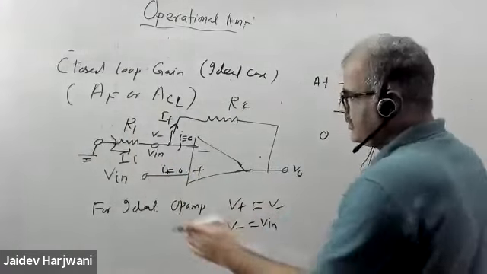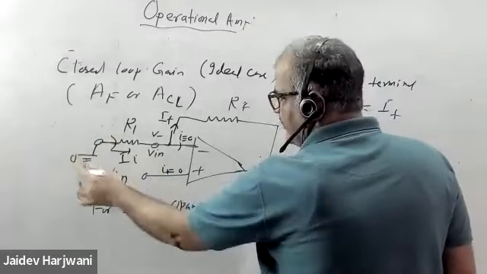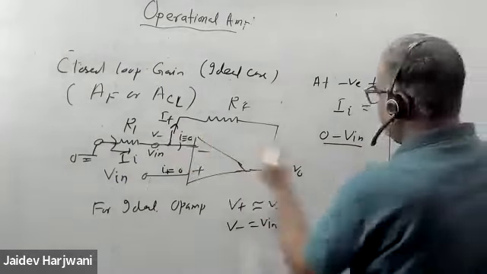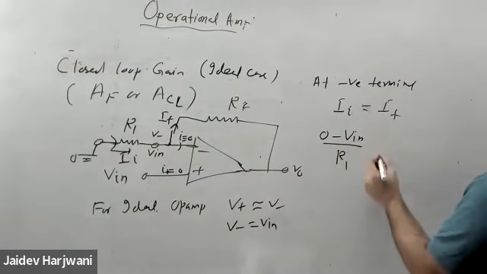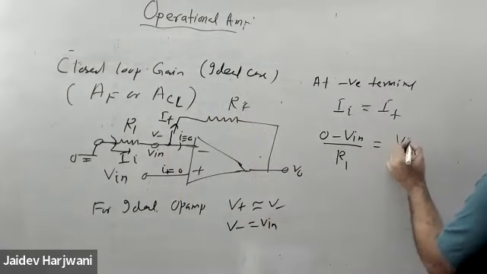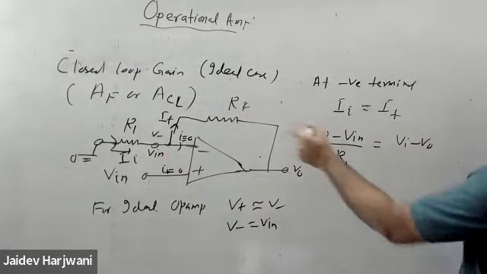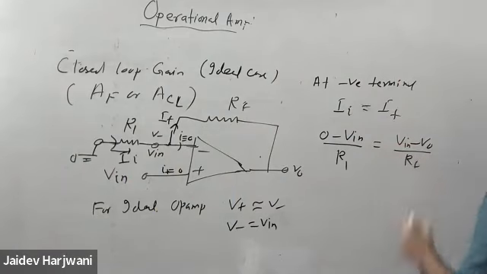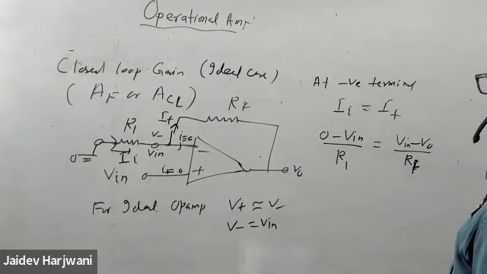So now 0 minus V input upon R1 is I input. Similarly, V input minus V naught upon RF is my IF. Now you solve this one.